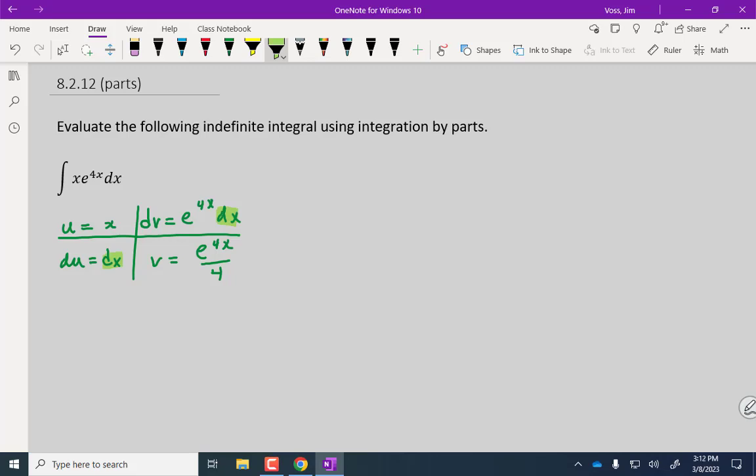So then we're going to do our ultraviolet voodoo. So UV, that's the main diagonal right here. There's our UV minus the bottom row. So U times V is 1/4 x e to the 4x, minus the integral of v du.